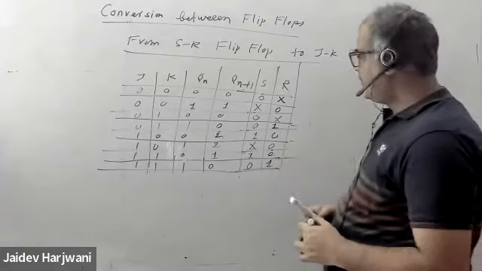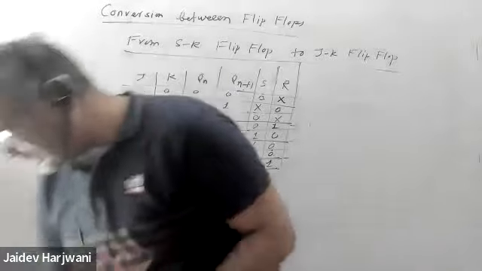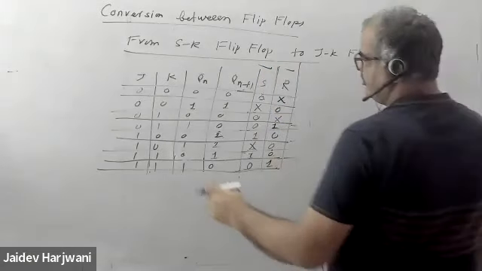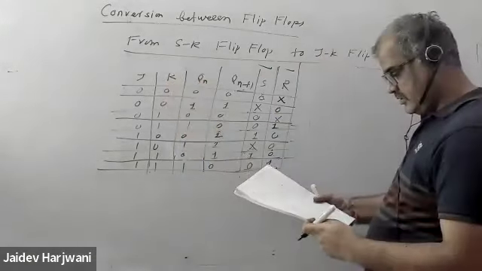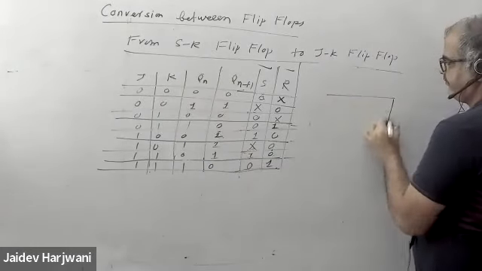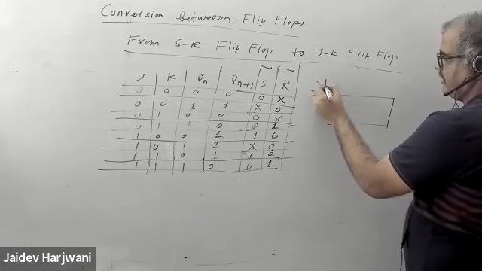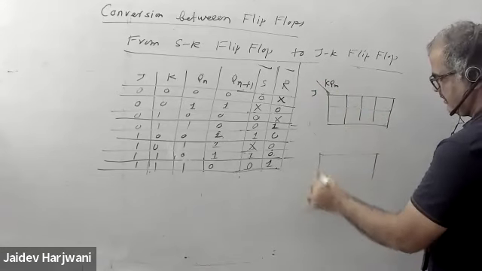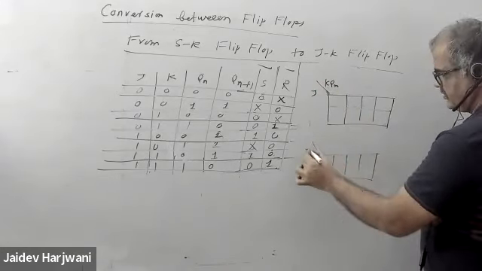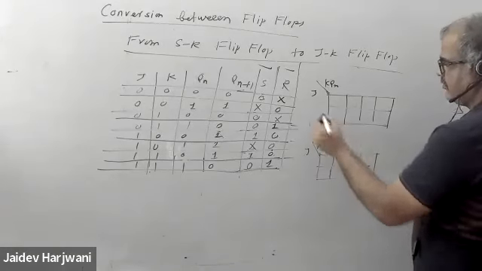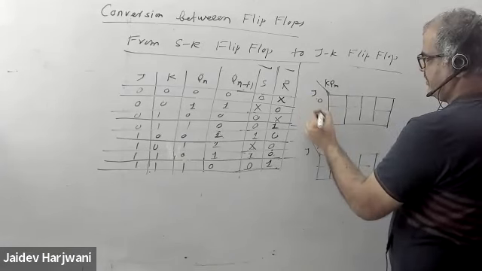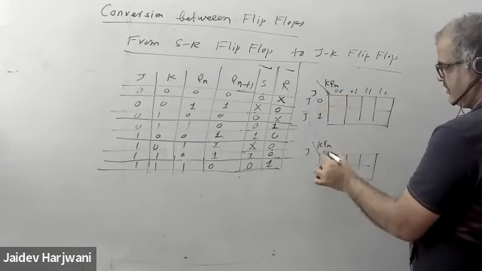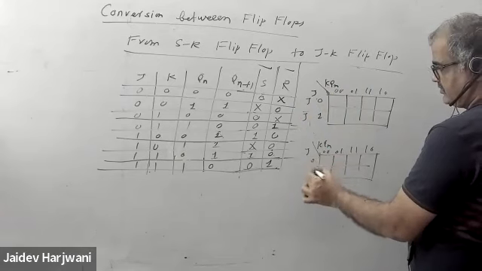Okay, now you have the table. Now please simplify this table and give me the answer for S. Solve separately for S and for R. Your variables are J, K, Q, N. Here you have 0 0, 0 1, 1 1, 1 0 on both axes.